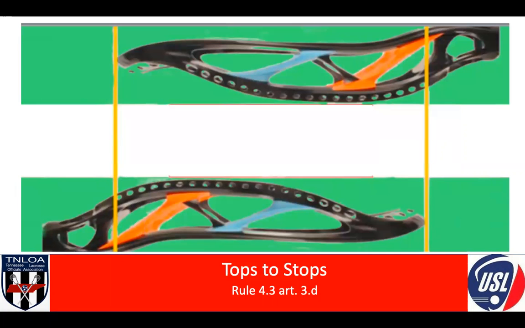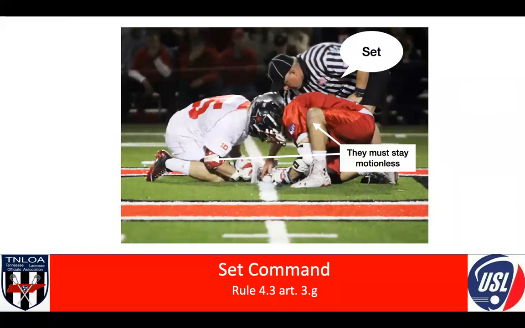Tops to stops: the ball stop of a lacrosse stick needs to be lined up with the scoop of his opponent's cross. So when we place the ball down, it's placed directly in the middle of both lacrosse sticks, tops to stops. The set command normally comes after.